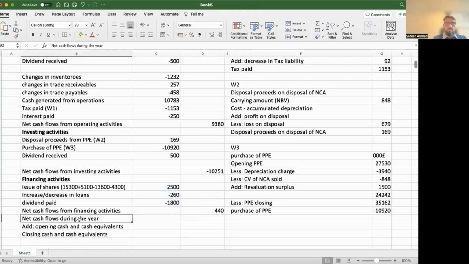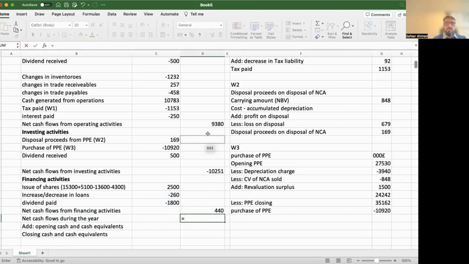Now, net cash flows during the year. So this is simply you're adding the end product of each of the activities. So you can see this minus this minus this, which has given you net cash flows during the year, a negative amount. So in other words, this is net cash used during the year.